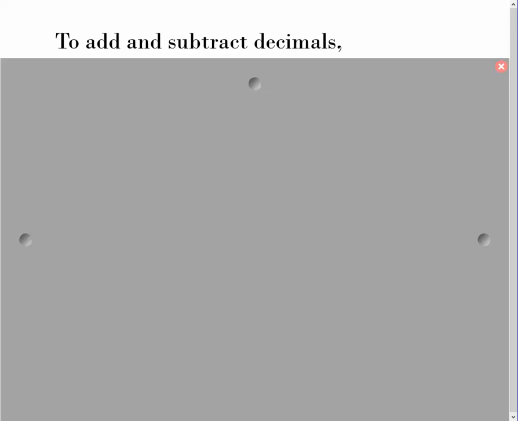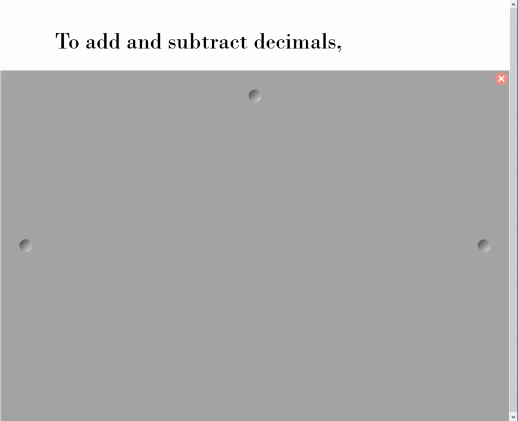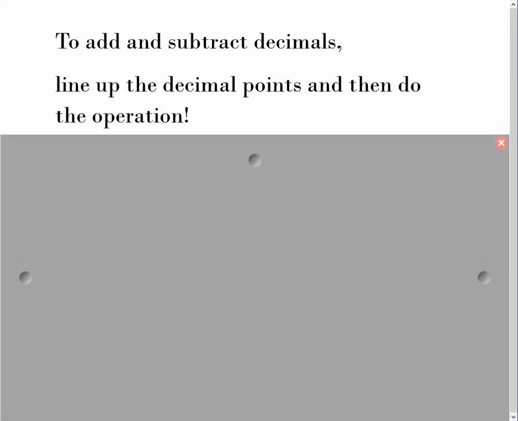Take the top number, divide it by the bottom number, and that will definitely work to change any fraction into a decimal. To add and subtract decimals, we've got to line up the decimal point, right? That's what today's lesson is, adding and subtracting decimals. Line up the decimal points and do the operation.